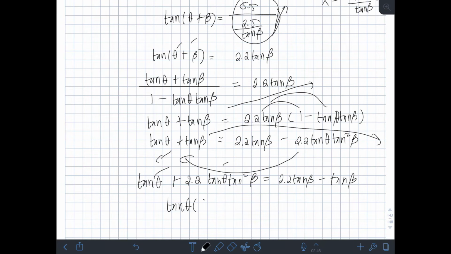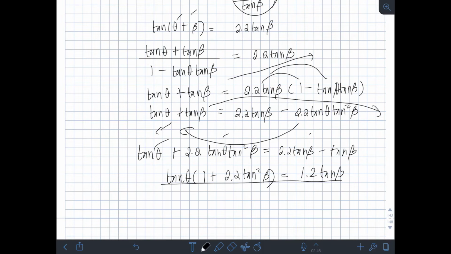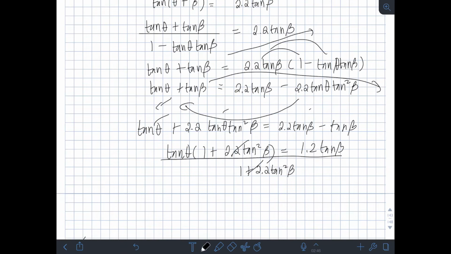So, tan theta times 1 plus 2.2 tan squared beta is equal to, combine natin tong 2.2 tan beta minus tan beta, 1.2 tan beta. Then, divide both sides by 1 plus 2.2 tan squared beta. So, cancel sa left. Tan theta is equal to 1.2 tan beta divided by, eto, 1 plus 2.2 tan squared beta.